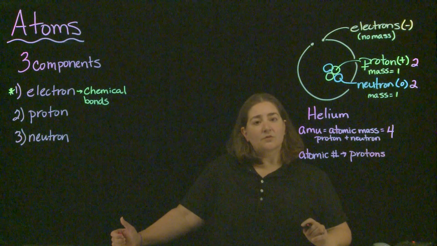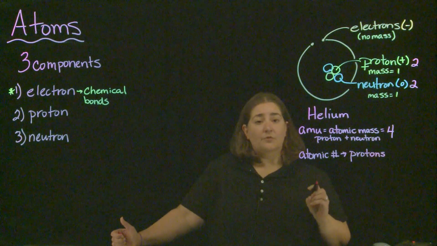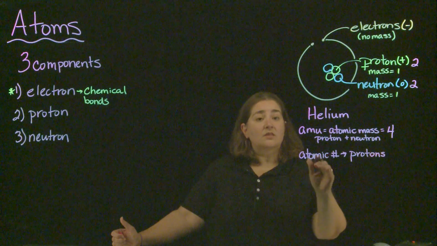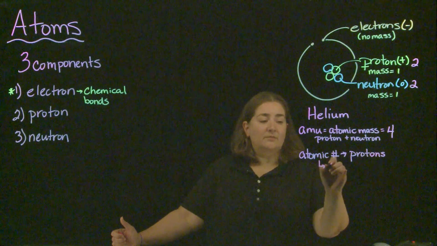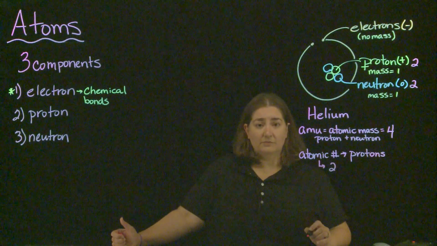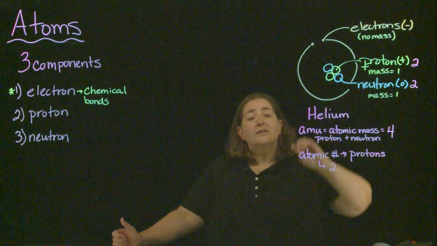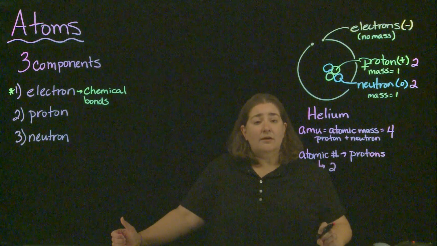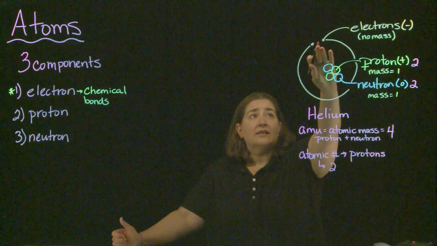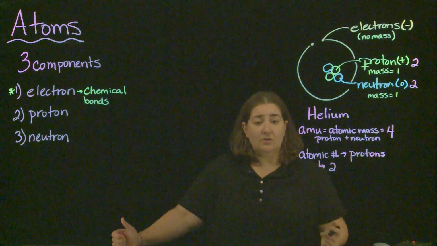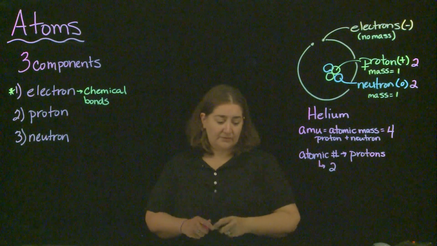So the atomic number for helium is going to be 2, all right? Helium can't make any bonds because the electrons in that first shell are complete, okay?